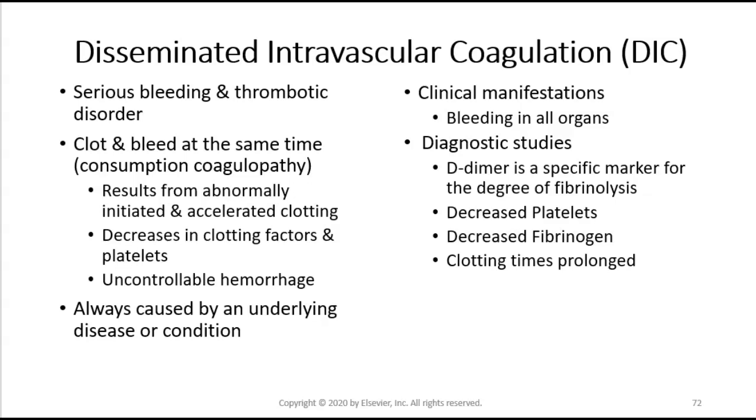So you have to treat whatever underlying disease or condition is going on. Otherwise, it's pretty much supportive care until we can do that. This includes controlling ongoing thrombosis and bleeding. So if the patient's bleeding, then we give them blood products while treating the underlying cause.